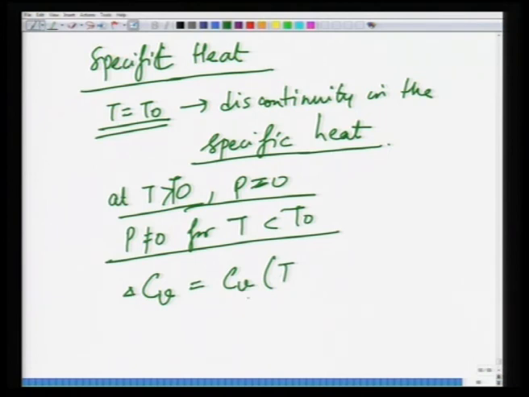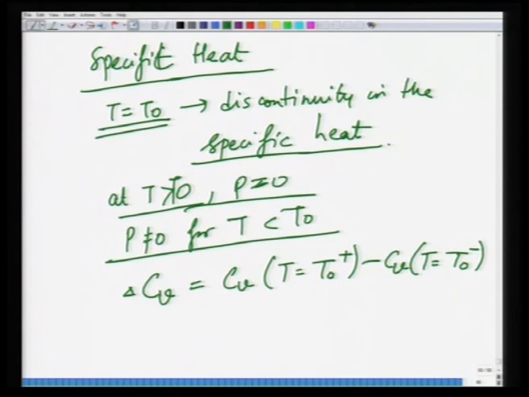So, this will be Cv at T equal to T naught plus, slightly higher than T naught, minus Cv at T equal to T naught minus. So, just within the vicinity of the phase transition, you are calculating the change in the specific heat.